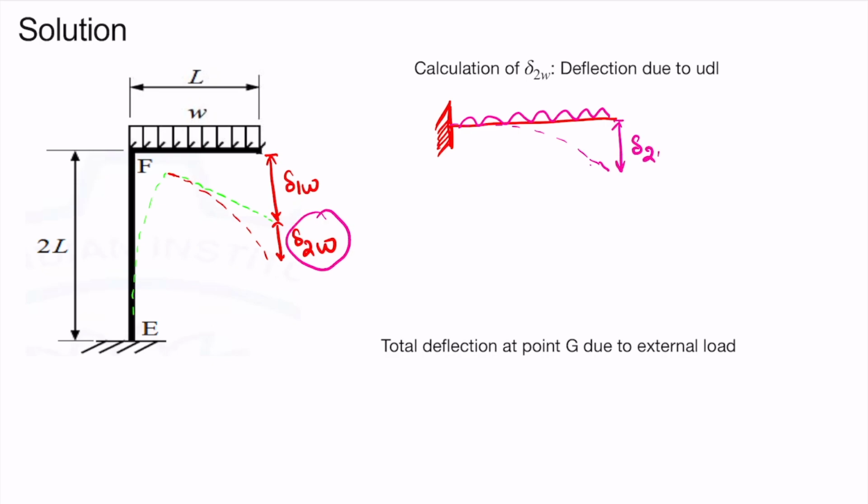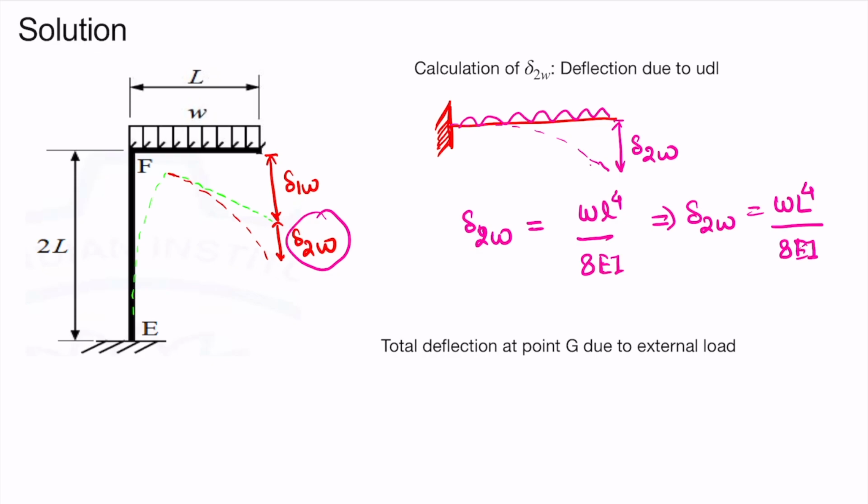So delta 2 W, from our standard deflection formula, will be equal to WL4 by 8 EI. Here, hence delta 2 W is equal to W, length of this beam is L, and 8 EI.